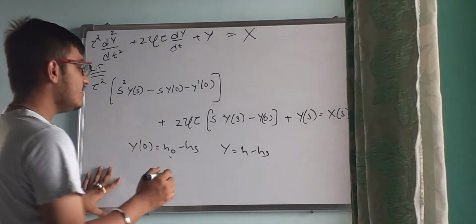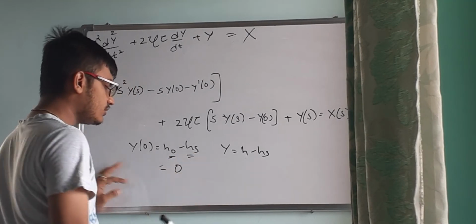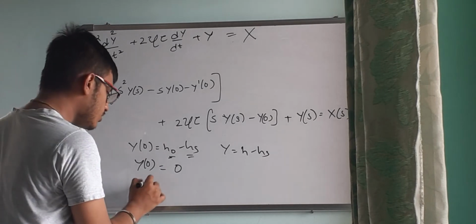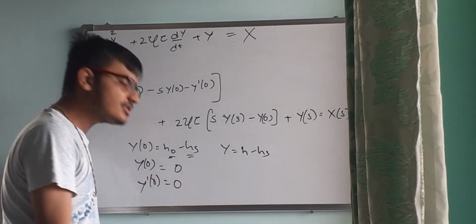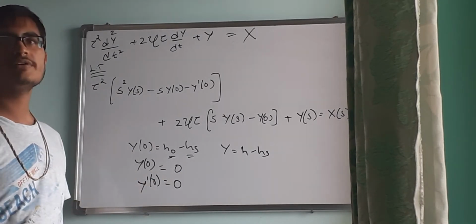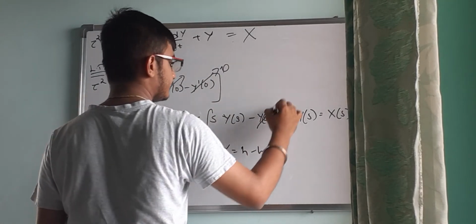So h naught and hs are the same, hence Y of 0 will be 0. As Y of 0 is 0, Y dash of 0 also becomes 0, so these terms get cancelled.